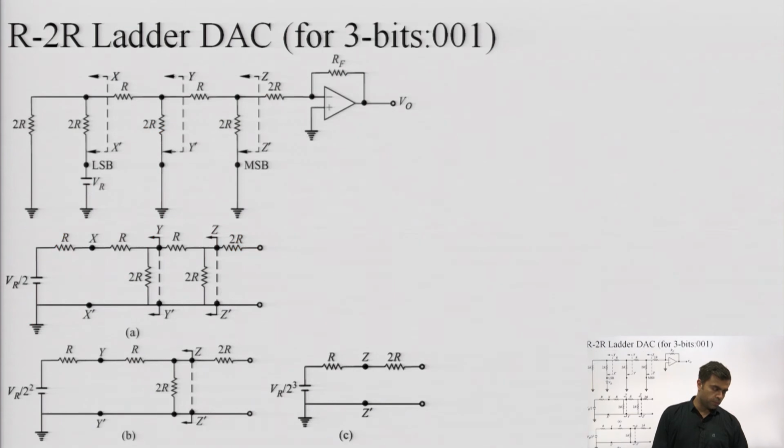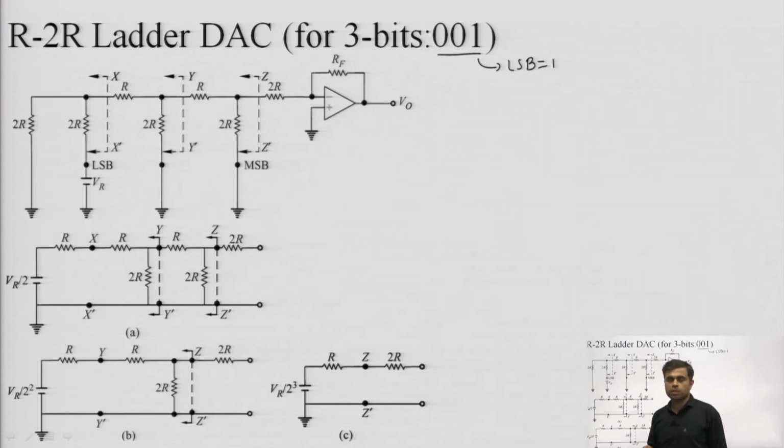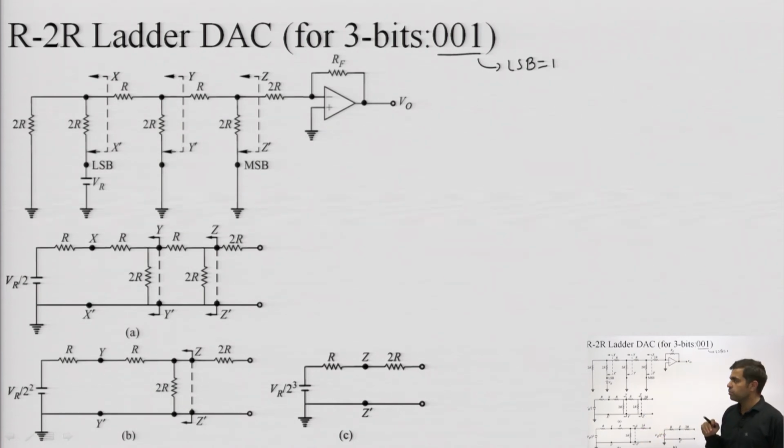So now let's proceed towards the 3-bit structure. Now for that 3-bit structure, we are taking 3 cases. First, we are applying data 0 0 1, that is this LSB is equal to 1. Similarly, we will take another case in which middle bit is 1, 0 1 0. Similarly, third case will be taken as MSB 1, 1 0 0.